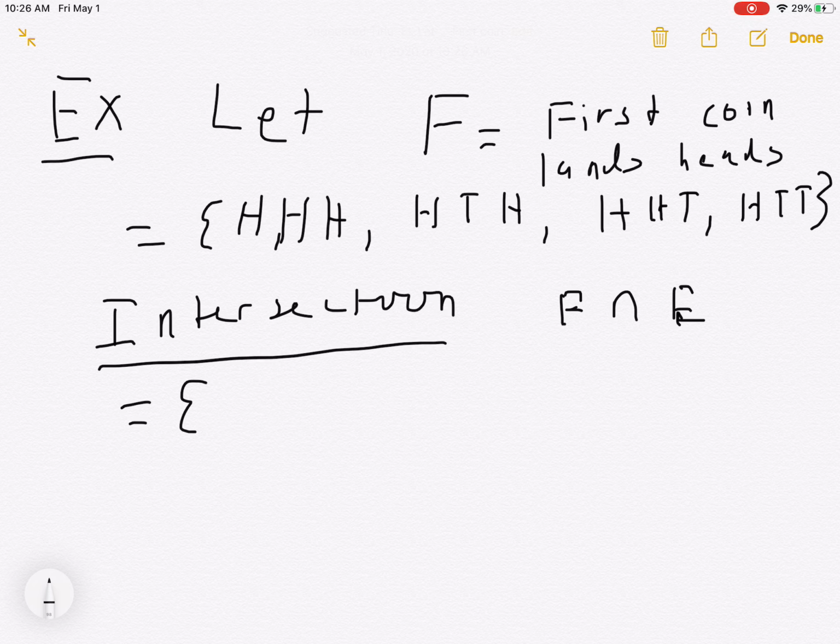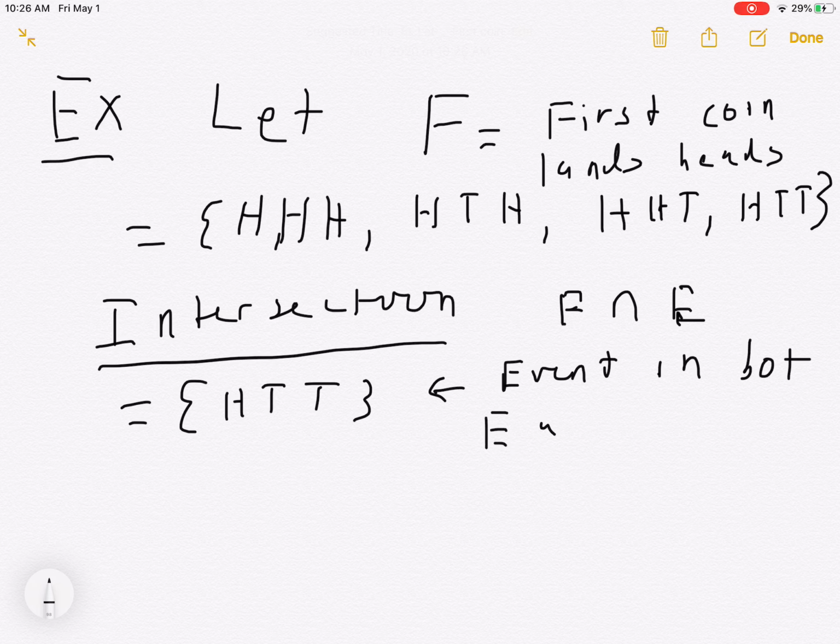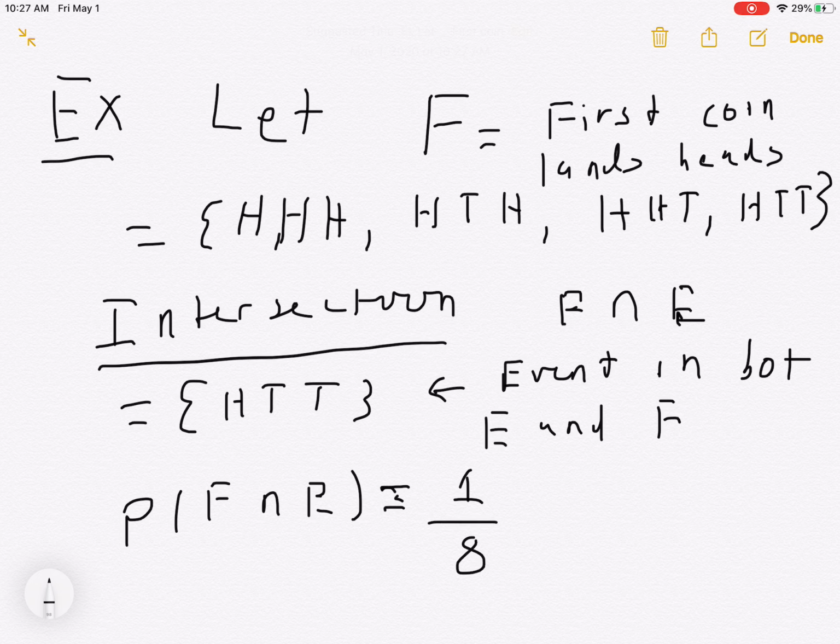Well, that has to be heads, tails, tails. That is in both E and F. So that's what an intersection is. It's the set of events that are common to both F and E. And the probability of F intersect E, well, that's 1/8.